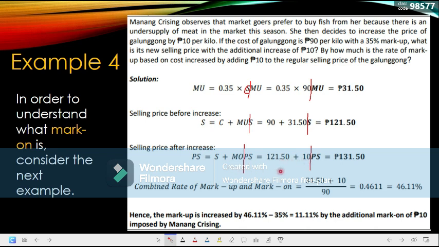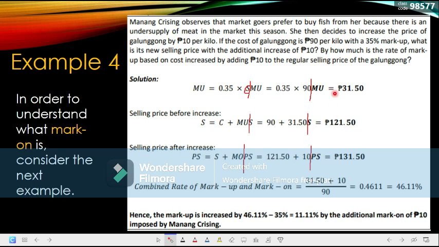So we'll add that one. Our new selling price would be 131 pesos and 50 centavos. So we have solved already the new selling price after the increase, after the mark-on of 10 pesos. We have solved the original selling price as well as the markup.